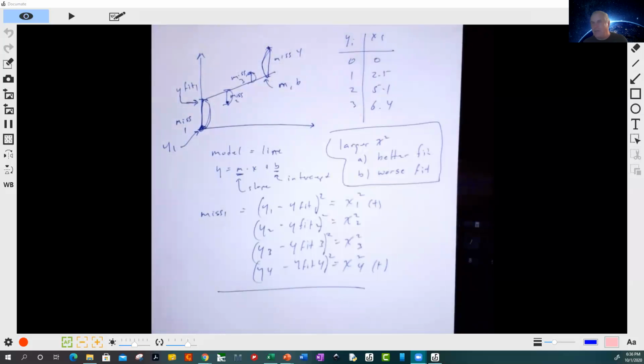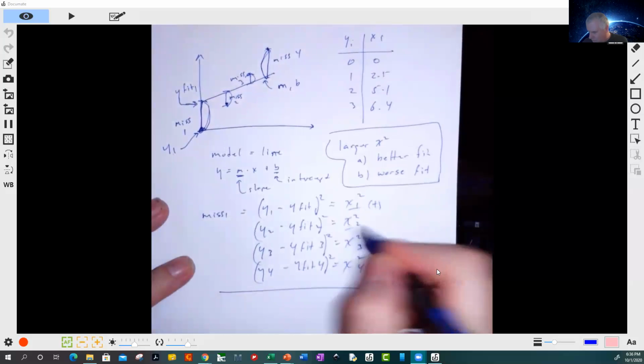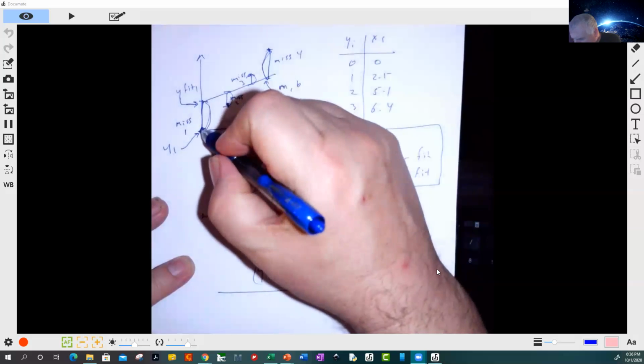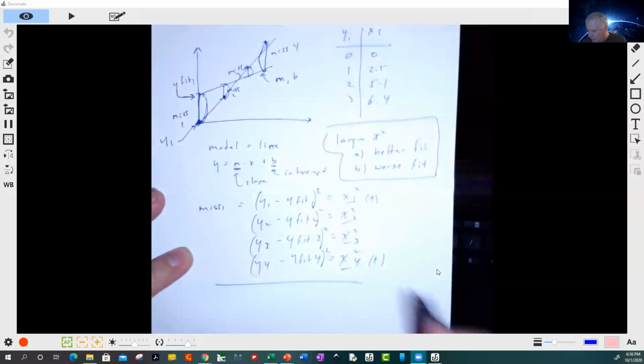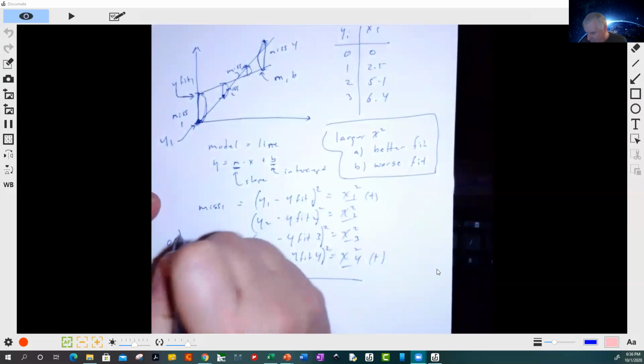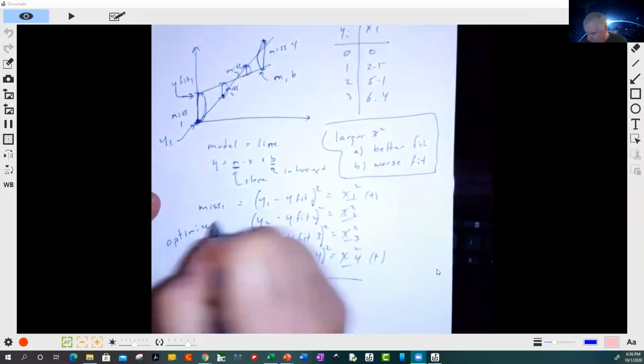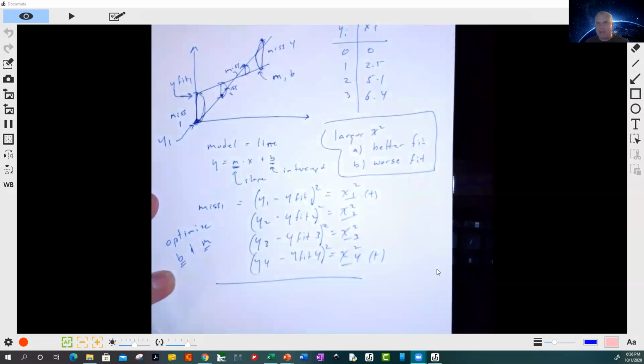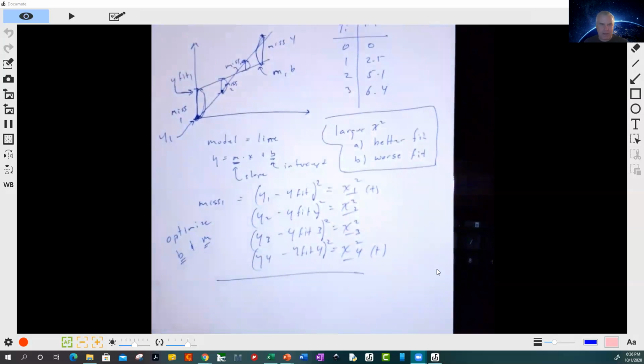So hold on. I'm going to get back to our previously scheduled programming here, and say, well, if you square these residuals, then with a single metric, you can optimize B and M, right? So there's a little bit of magic in getting them both done at the same time.